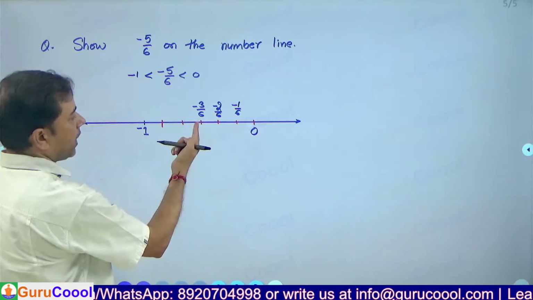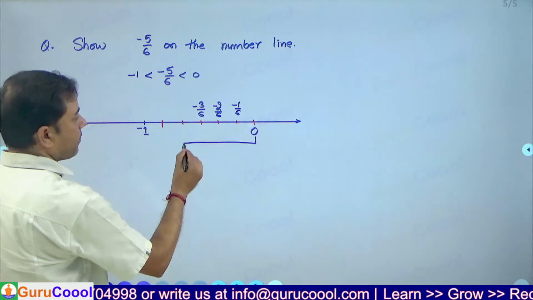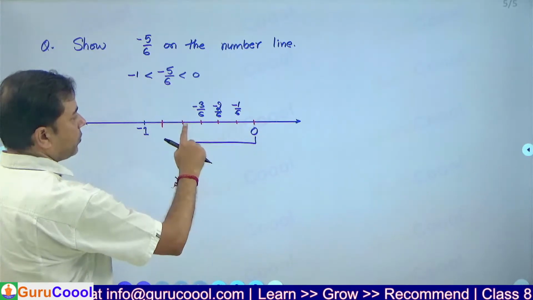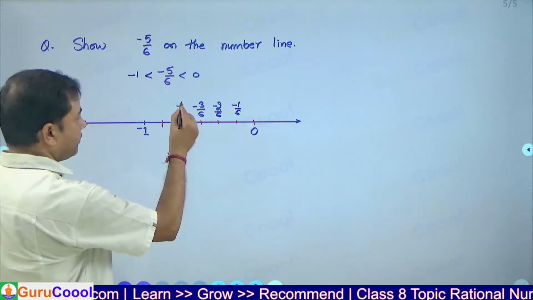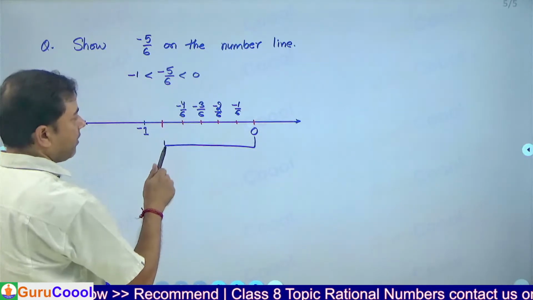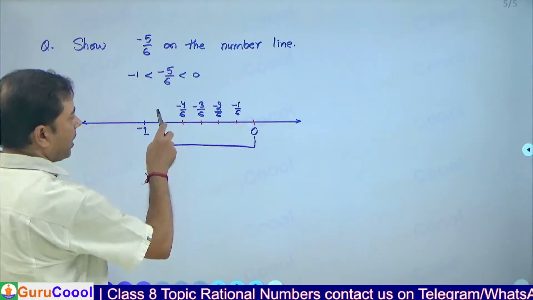Also can be said -1/2. 0 to this, we have taken total 4 segments, so it is -4/6. 0 to this means we have taken 5 segments, 1, 2, 3, 4, 5. It's -5/6.